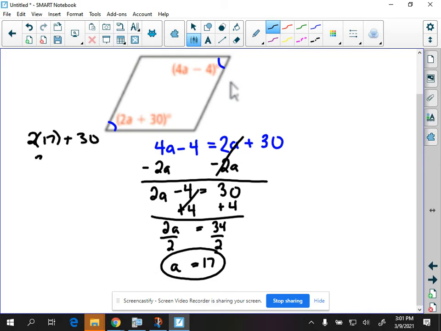So 2 times 17 is 34, plus 30, which is 64. So that means the measure of this angle is 64 degrees. And I should get the same thing up here. So I would do 4 times 17 minus 4. So 4 times 17 is 68, and 68 minus 4 is 64. And since I got the same thing for both, I know that I solved it correctly.